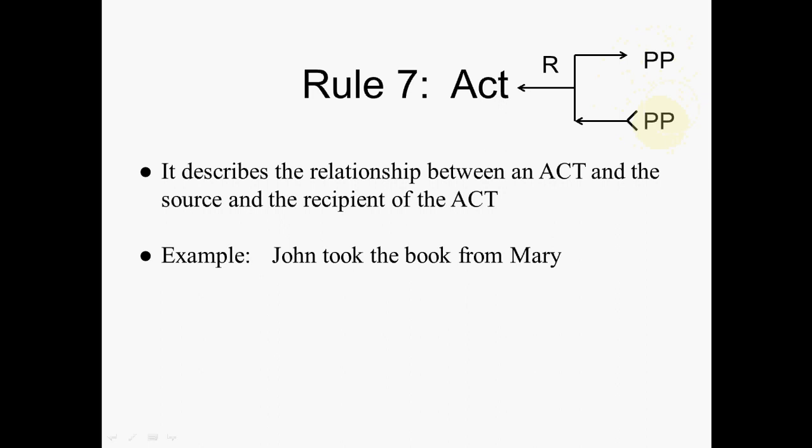He is the giver and he is the recipient. This is the R relation, the recipient relation. So for a particular act, who is the giver and who is the recipient? Rule 7 is used for that. It describes the relationship between an act and the source and the recipient of the act. Now as an example, John took the book from Mary.